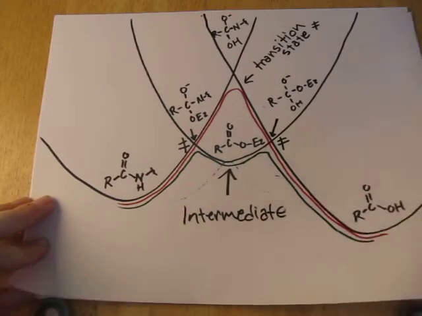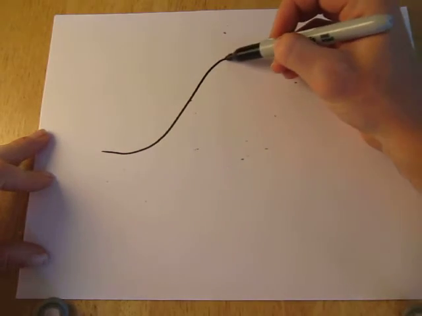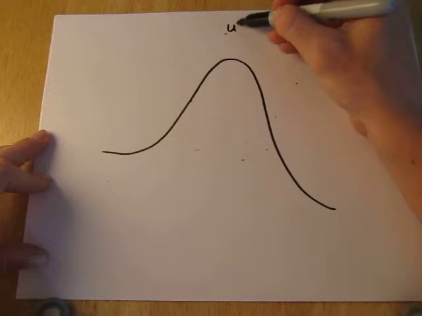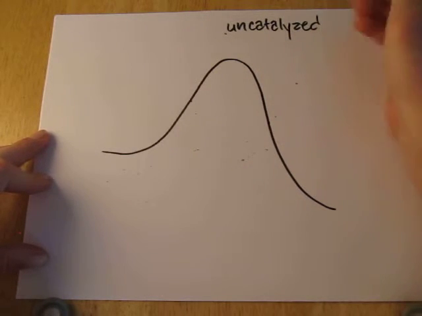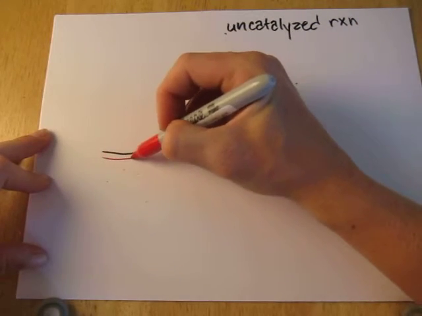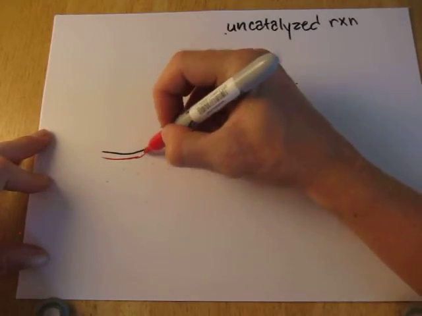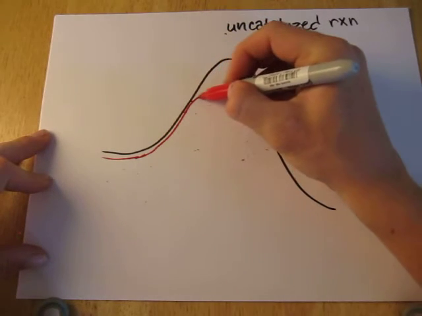And so if we look at this the way that we've seen it many times before, we have our uncatalyzed reaction. And in our catalyzed reaction, it's not just a lower activation energy, it's also got peaks and valleys.